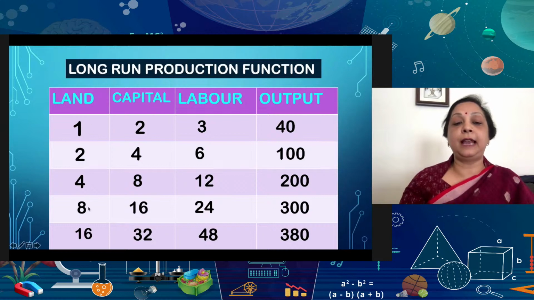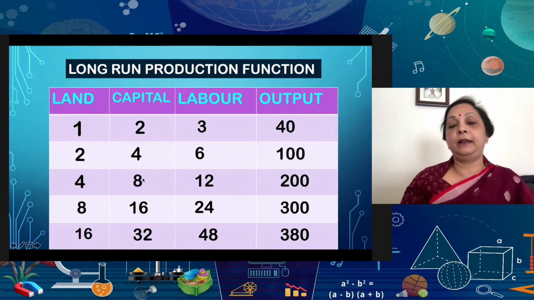So we are changing land and capital also. But what do you see? We are changing them in the same proportion. What is the meaning of same proportion? Here, land, capital, and labor was 1:2:3. Here also, 2, 4, and 6, which again, if you divide by 2, you'll get 1:2:3.